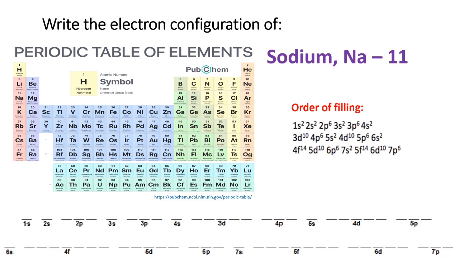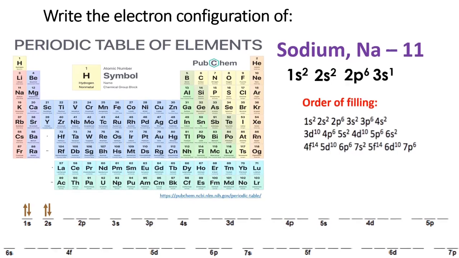Now, let's try writing the electron configuration of sodium. Sodium has an atomic number of 11, thus it has 11 electrons. Its electron configuration is 1s2, 2s2, 2p6, 3s1. For its orbital notation, we'll have 1s2, 2s2.